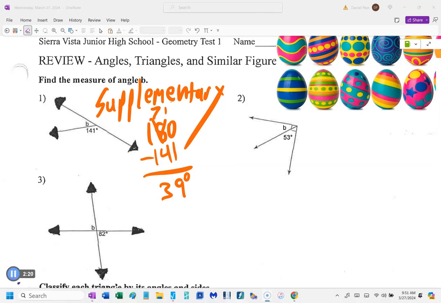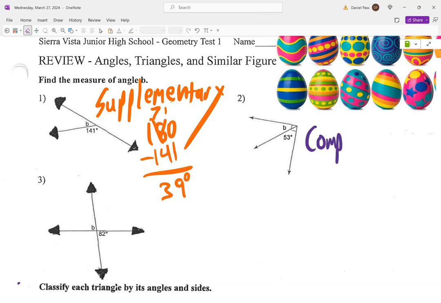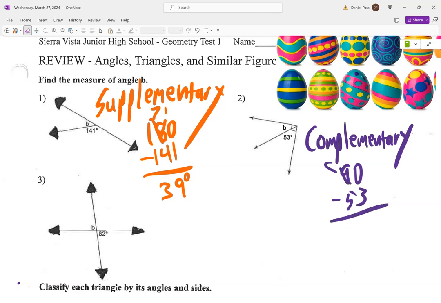Acute. Complementary. That's right. Okay, so let's write that down. Complementary, that means 90. You have to know that word. Okay, so 37, is that right? Yeah. Okay, cool. All right, let's hear it for Honey Bunches of Oats.